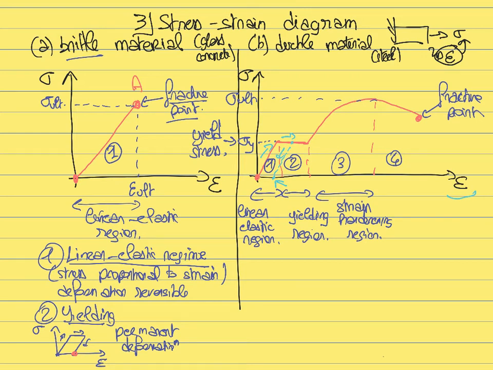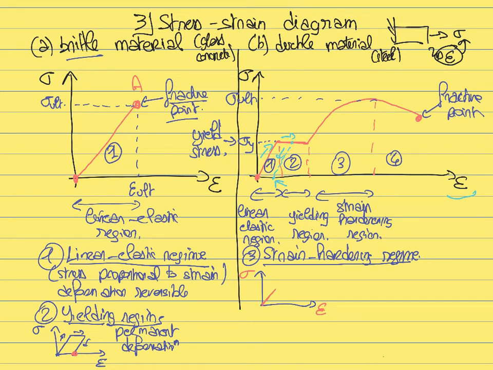So why is this called strain hardening? Let's focus a little bit more on this strain hardening regime. If I draw the stress-strain curve, we said that initially, as I increase the strain, the stress is increasing linearly with the strain.